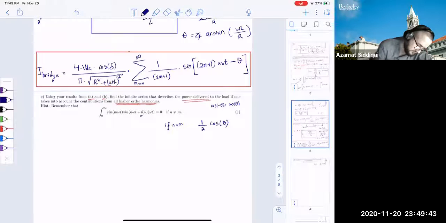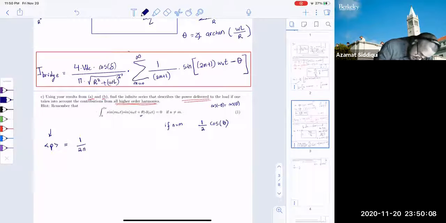Okay. So to find the power, I'm just going to say the average power, which is how they write it in power electronics, inside these brackets, is equal to 1 over 2 pi.